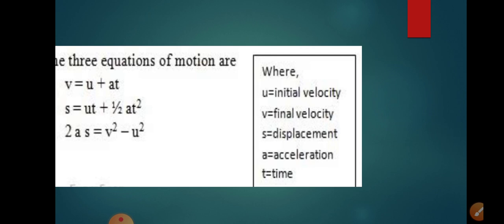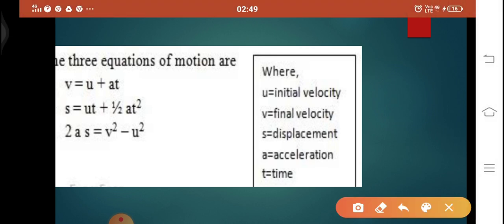V equal to u plus at, s equal to ut plus half at square, 2as equal to v square minus u square, where u is initial velocity, v is final velocity, s is displacement, a is acceleration, and t is time.